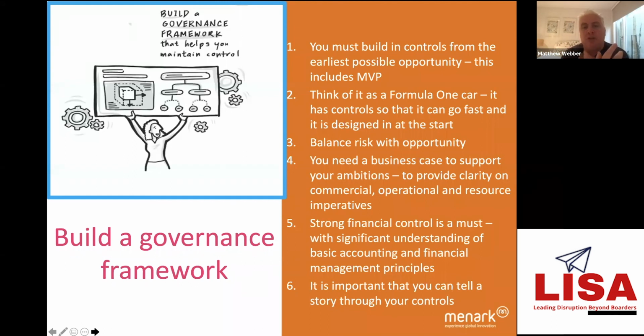So you do need to go through what your risk framework is, and you do need to identify what the risks are to your venture. Now, there will be common risks. So there will be financial risks that you'll have. There'll be operational risks, for instance. From an operational point of view, you may need to have documented standard operating procedures, as an example.